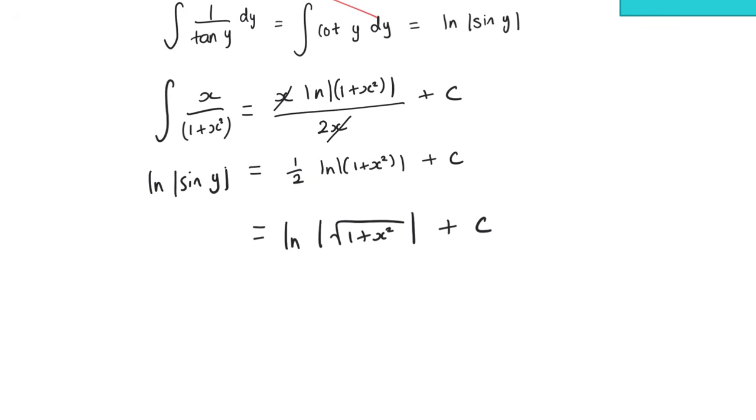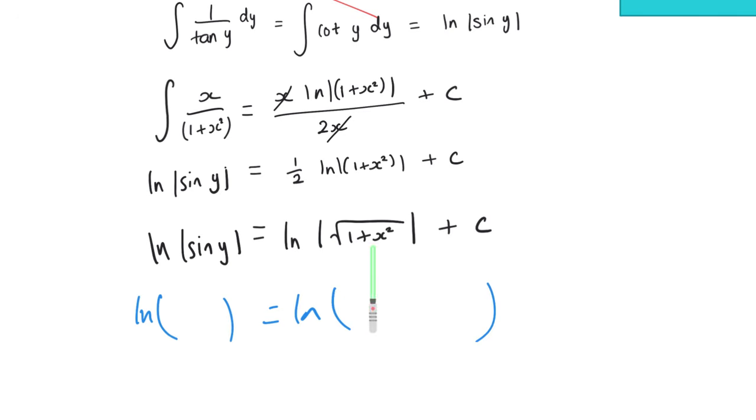Now what we're going to have is ln of sine y. Now this is where people make the biggest mistakes. Okay, so when we e both sides, the best way to do this is if we have ln of something equals ln of something.